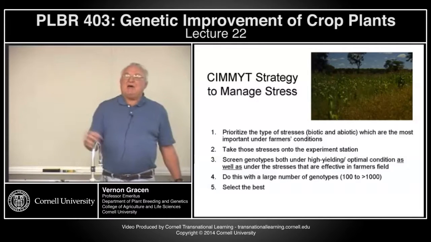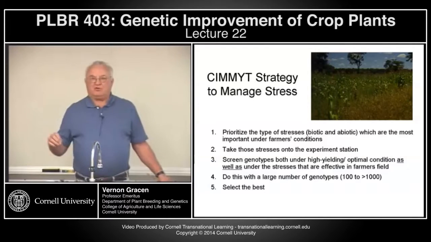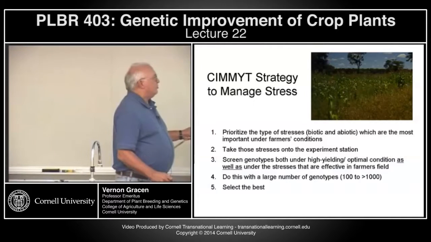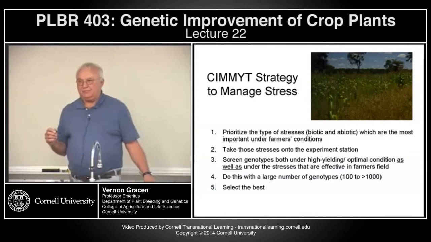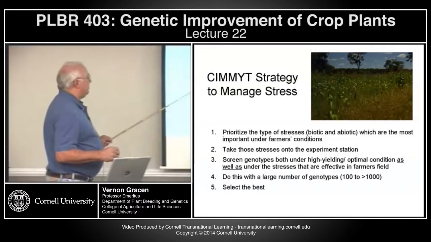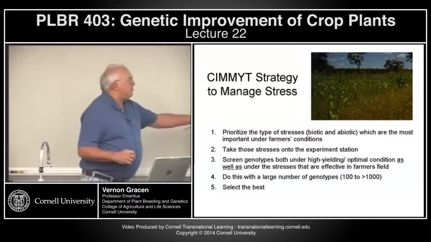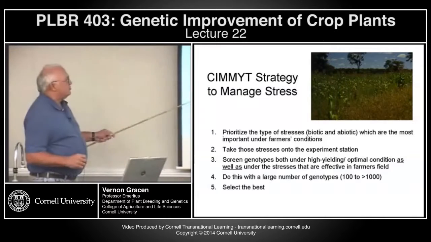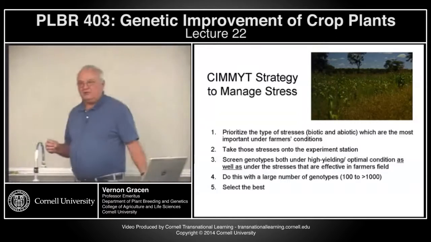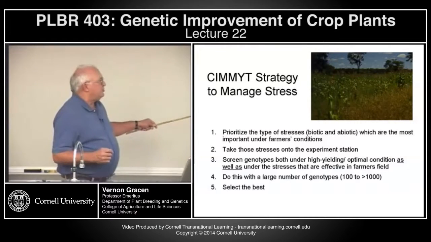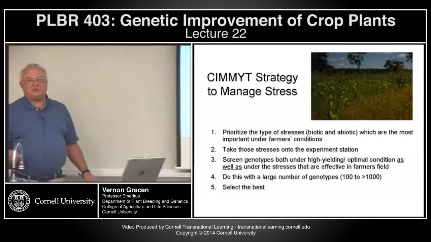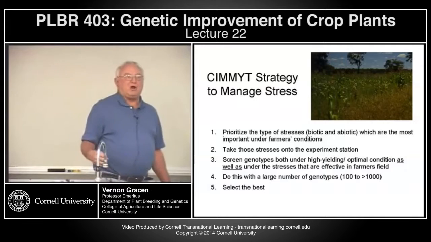And since we have absolutely no control over the other stress conditions in farmers' fields, we'll bring those stresses onto our experiment station, where we have at least some control over other factors that could complicate matters. So we screen genotypes under both high-yielding optimal conditions as well as under stress conditions that occur in the farmer's field. And if you do this with a large number of genotypes, from 100 to 1,000 per year, select the best, you should be able to make progress.